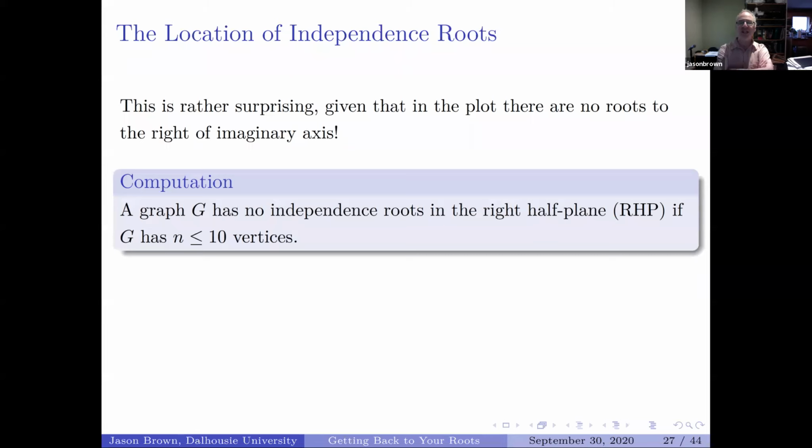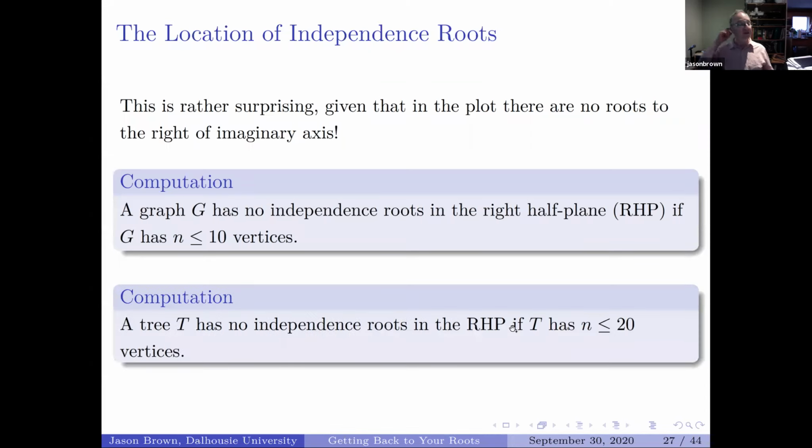A graph G has no independence roots in the right half plane, which I'll abbreviate as RHP, if it has at most 10 vertices. This is a difficult computation to do because you have to find the independence polynomials, which takes a lot of time. There are a lot of graphs of order at most 10. And then you have to find the roots and check where they are.